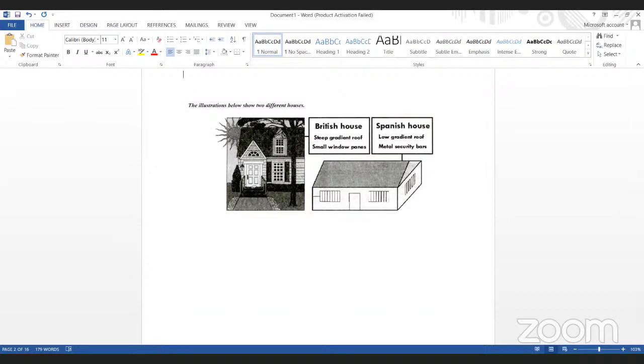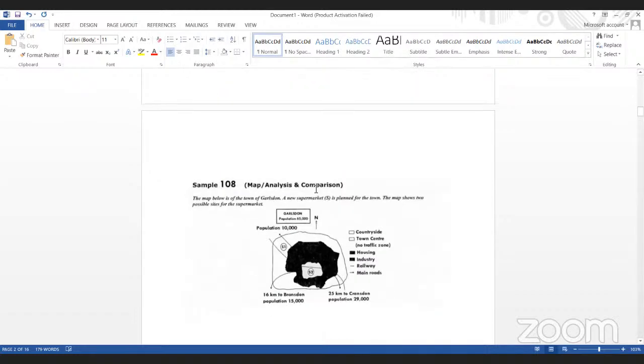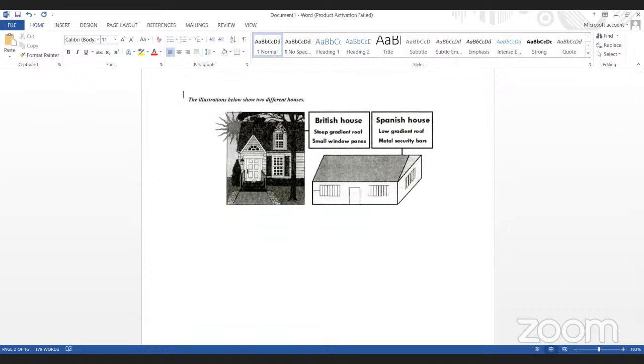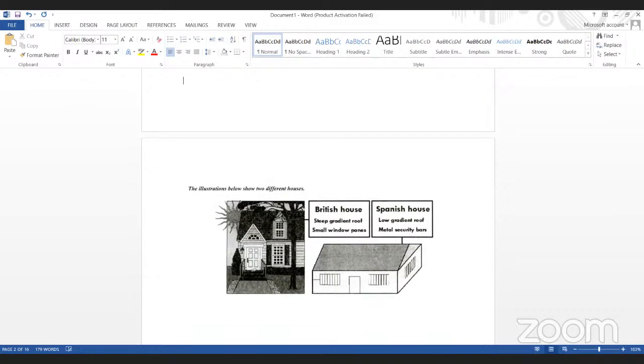What you need to do is compare and contrast these two structures, right? So what are the key points?